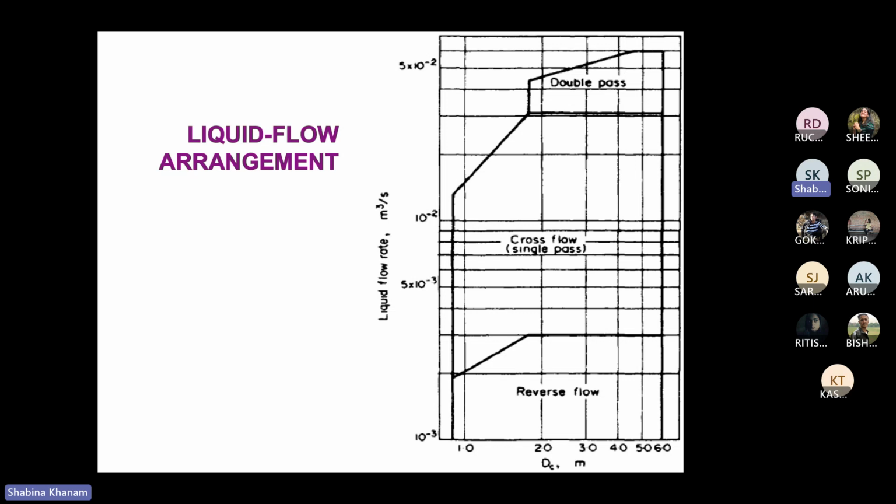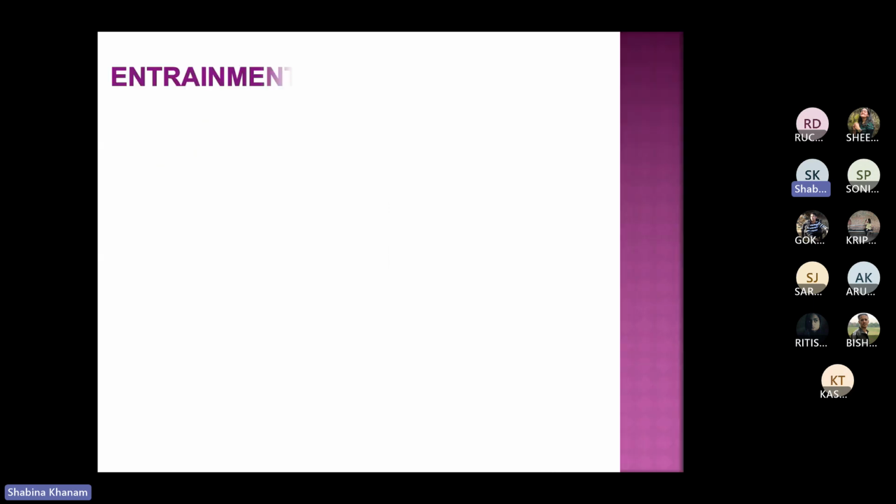So in that case, instead of a plate column, we will consider a packed column, and we will also discuss that when the plate column is discussed. There you will find that below 0.6 meter, the packed column is more recommended in comparison to the tray column. Therefore this limit you can also see from here. In this way you can find out the liquid flow arrangement.